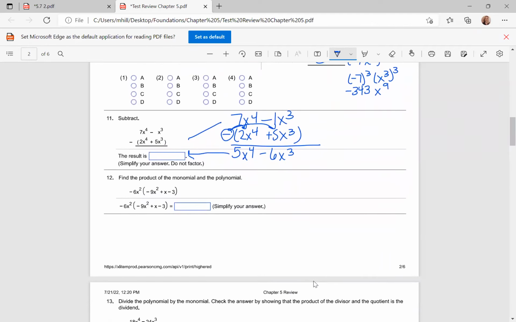Number 12. We have a -6 on the outside of this parentheses here that we want to distribute to every single thing on the inside of the parentheses.